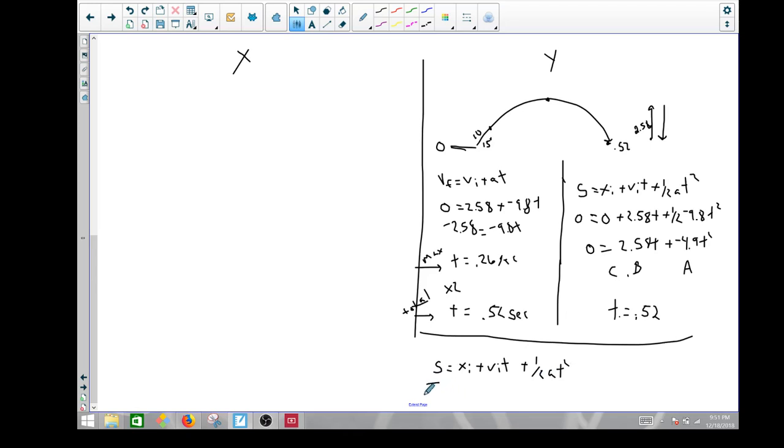I'm looking for this location at the time of max height. We already know that 0.26 is the max height time. Equals 0 plus initial velocity, which is 2.58, times t. Correction, t is going to be 0.26.